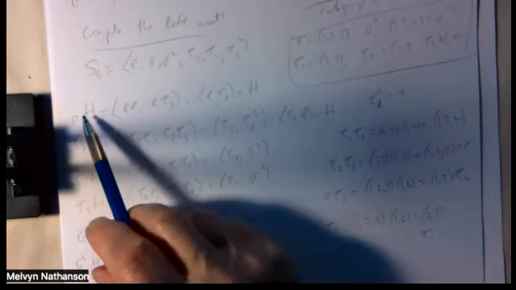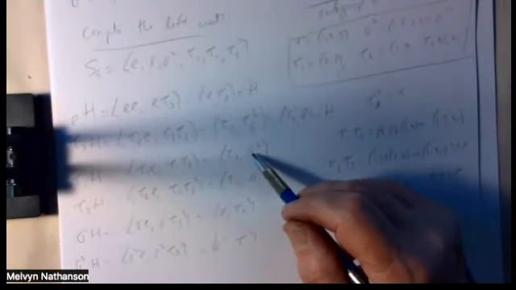It doesn't move. 2 goes to 1, goes to 3. 3 goes to 2. So sigma squared tau 3 is the transposition (2 3), which is tau 1. So this is {sigma squared, tau 1}. So these are the 6 left cosets of H.